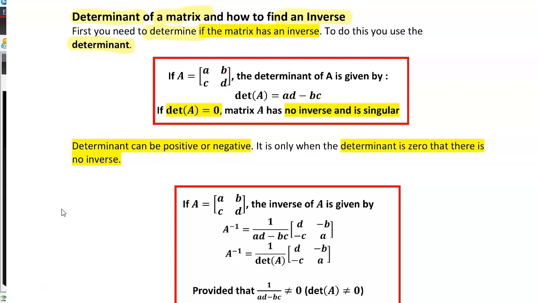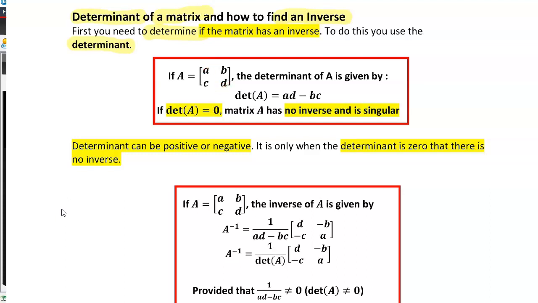With the 2 by 2 matrix, if we've got matrix A, then we have our 4 elements. I've called those elements A, B, C, D in those positions: row 1, column 1, row 1, column 2, row 2, column 1, row 2, column 2.